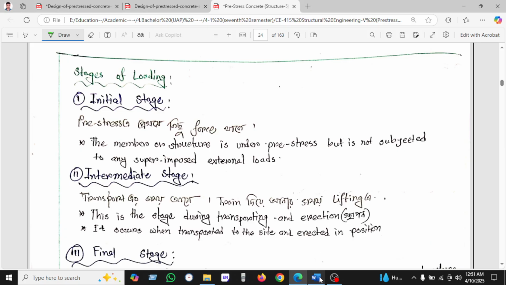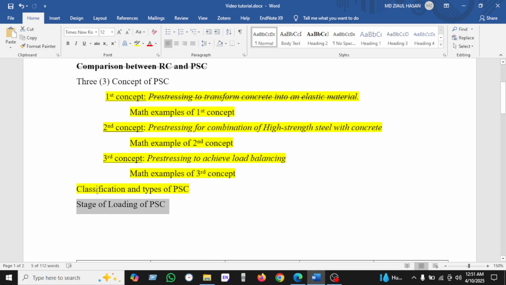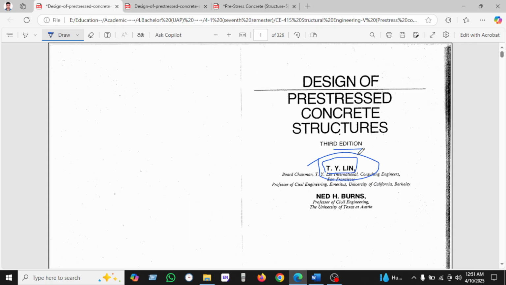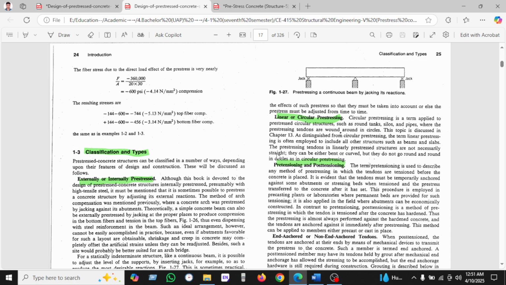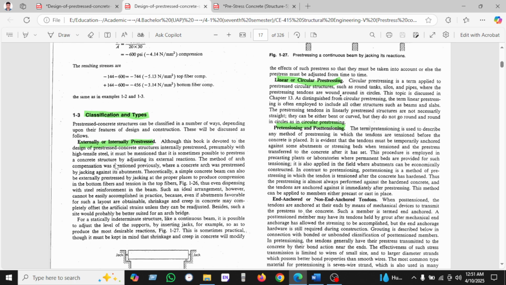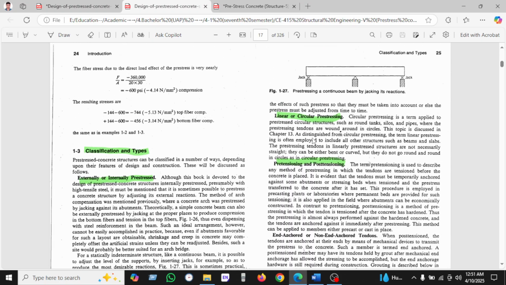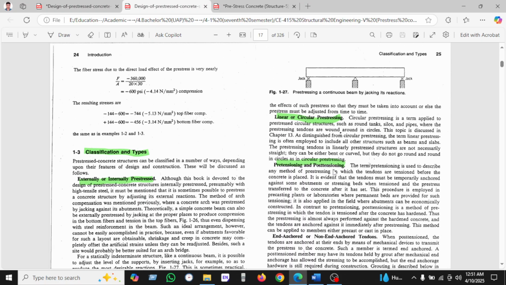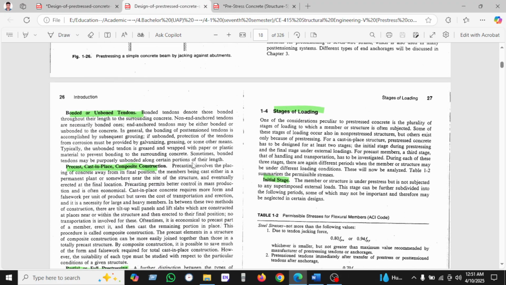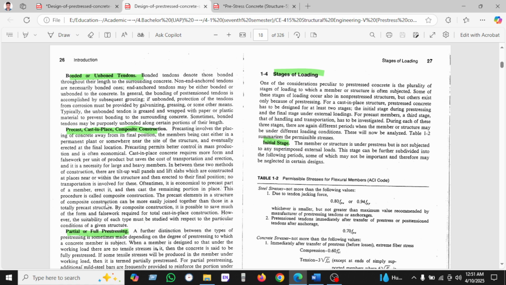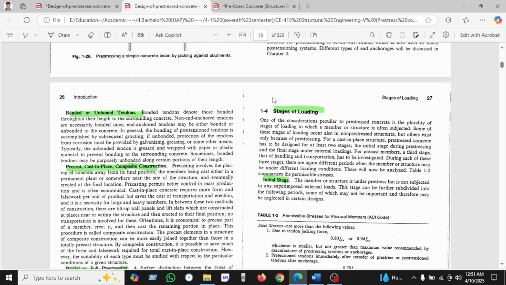If you want the classification of types in depth, then you can go to the book's first page. Then you can click here: external prestress, linear, pre-tension, post-tension, bonded, unbonded, cast-in-place, partially prestressed. And now we'll do the loading stage.